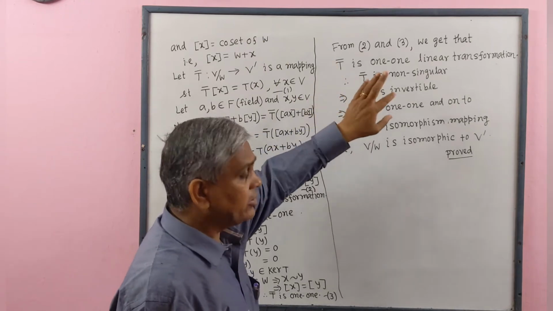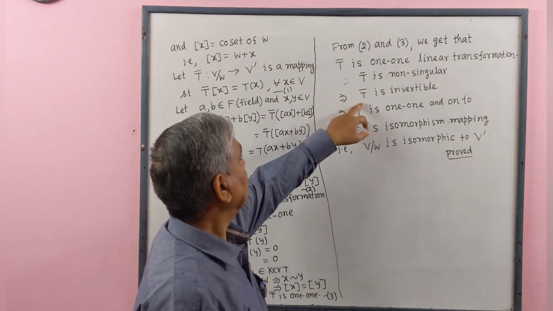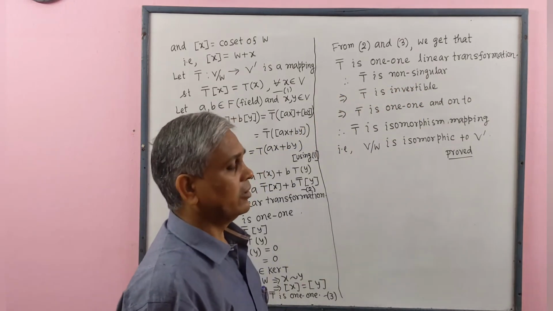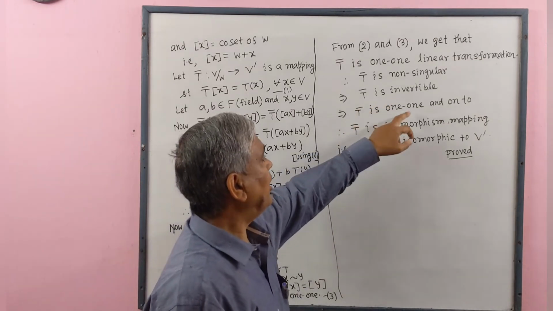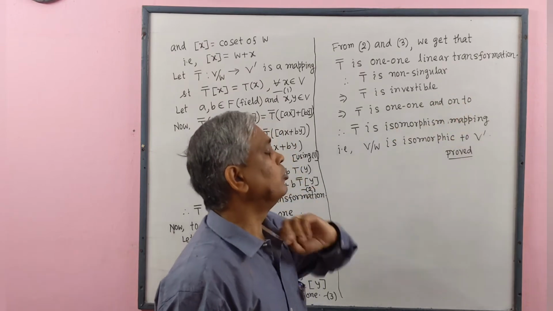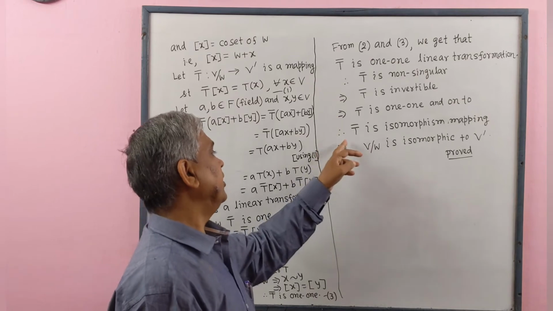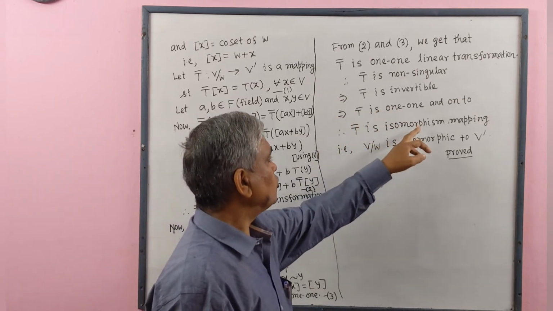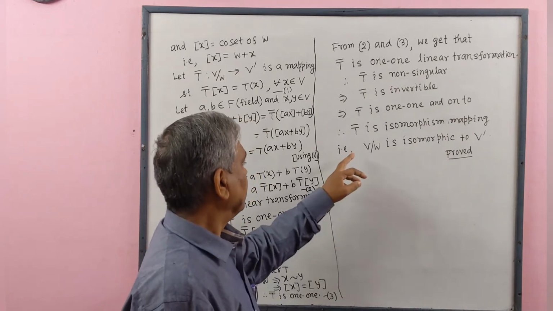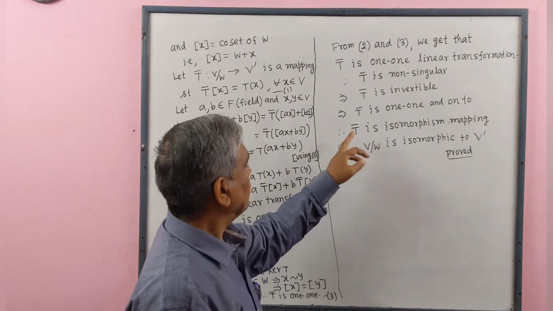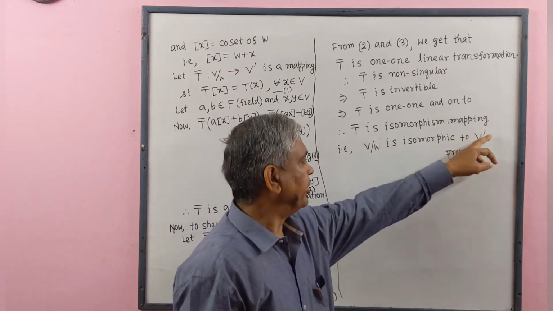Therefore, T bar is non-singular, which implies that T bar is invertible, and that means T bar is a one-one and onto linear transformation. That is, T bar is an isomorphic mapping. Therefore, V by W is isomorphic to V prime.